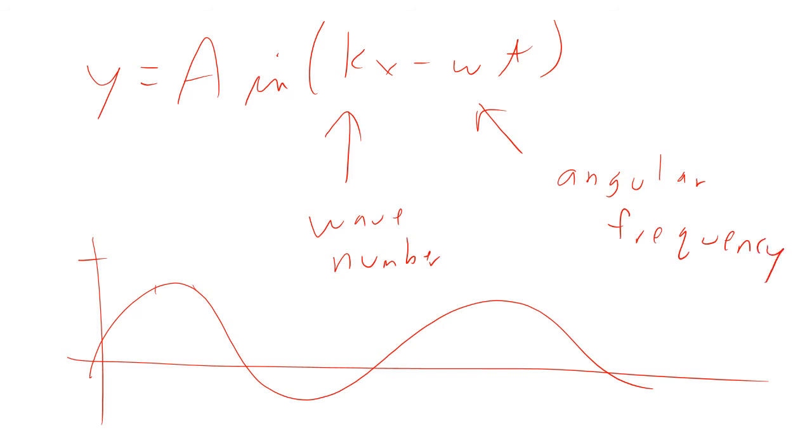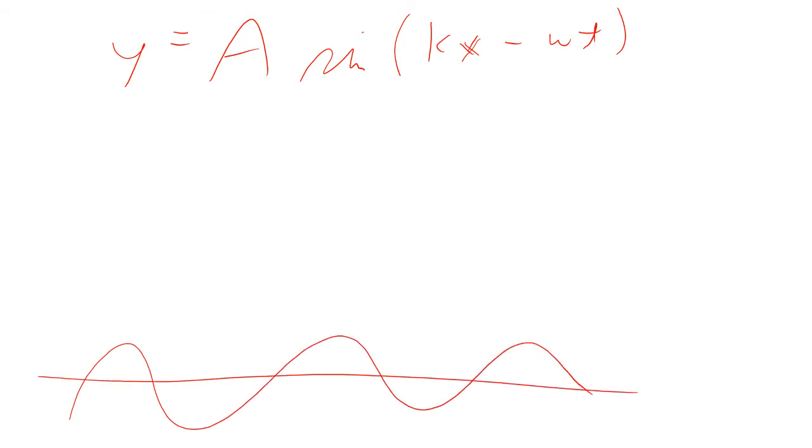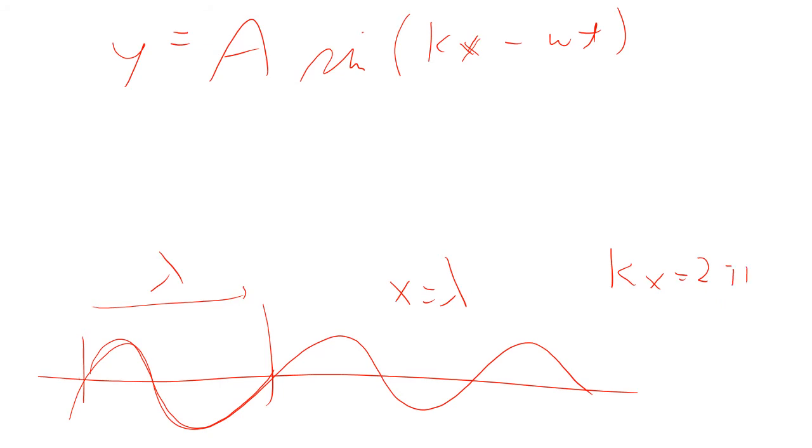So now, how do these relate to some of the other properties that we want to know? So sine kx minus omega t. What we want is that for our wave here, when we go through one complete cycle of x, we want that to be one wavelength. So in other words, when x equals lambda, then kx has to go through 2 pi.